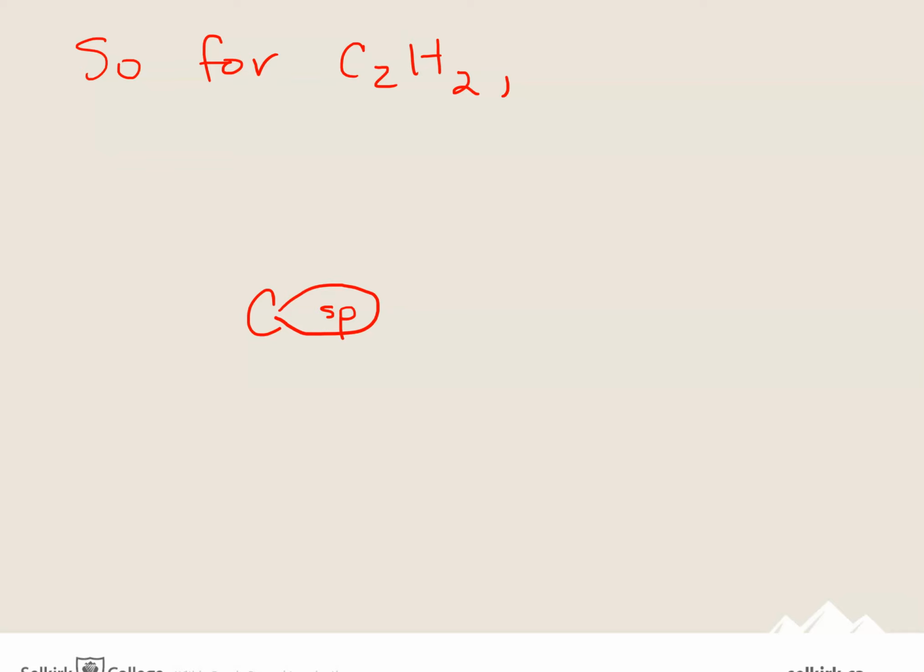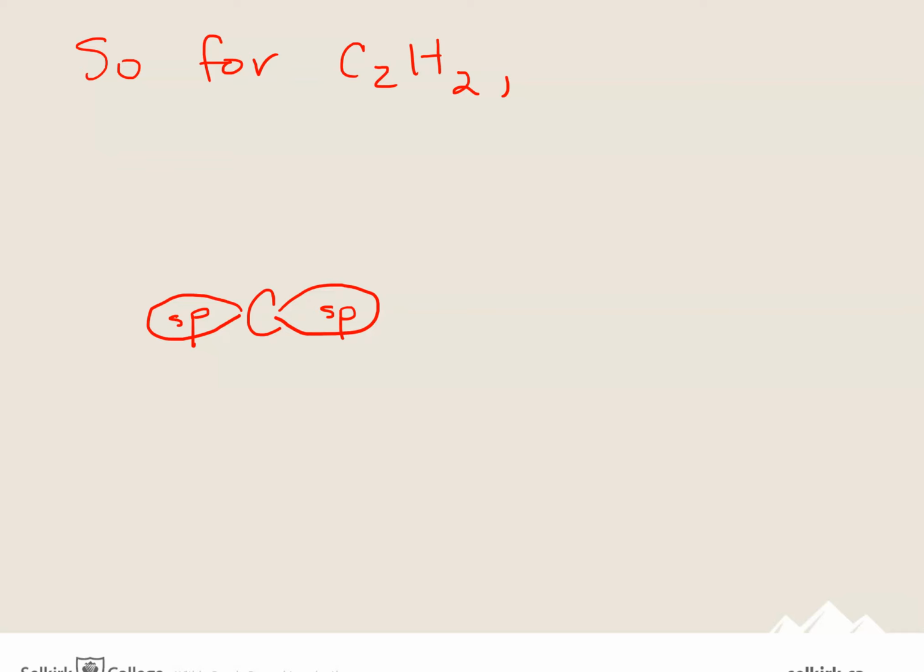Great big fat front lobe, little tiny back lobe, which I'm not going to show. What differs from hybrid orbital to hybrid orbital is the angle between the hybrids. 2 electron pair domains as far apart as possible. That makes it linear. That makes the 2 orbitals directly across from each other. Coincidence? I think not, because the only reason we're hybridizing these is to account for a linear geometry.